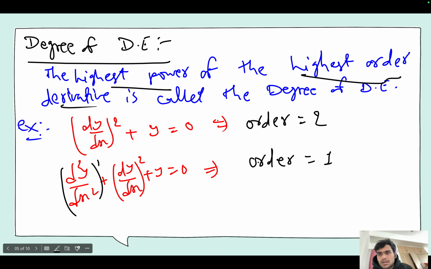So the order is 1, and for this it is 2, and the degree is 2 for this, and for this the degree is 1.